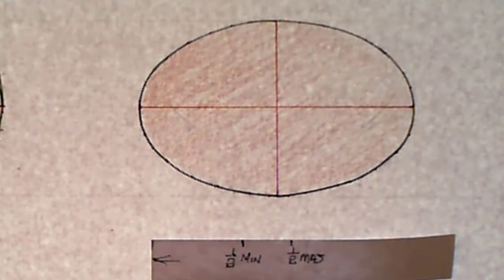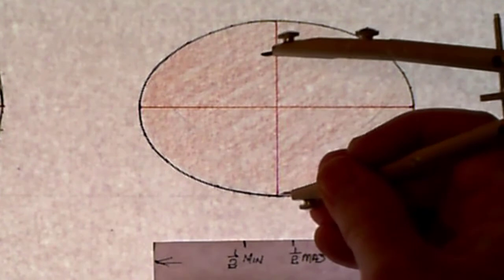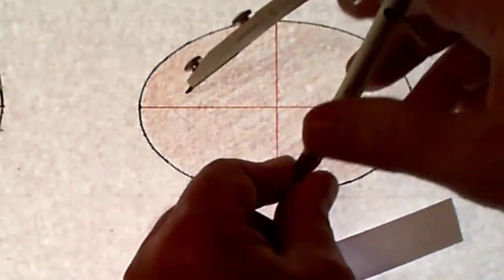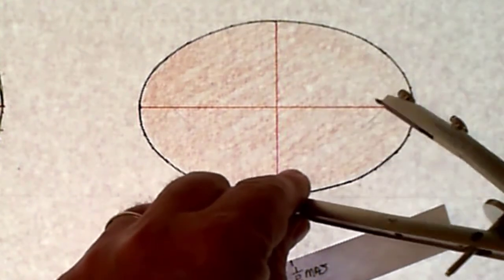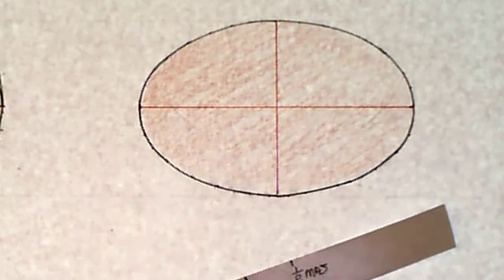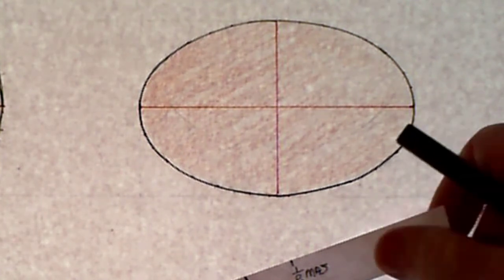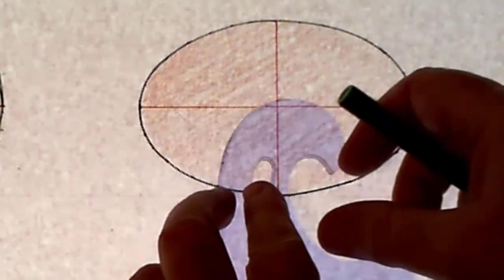Now I could come down to the bottom here and I'll get the same points here and here. But all I simply want to do is mark those points. So I'm simply going to use a green pen again, just to indicate those particular compass marks here.